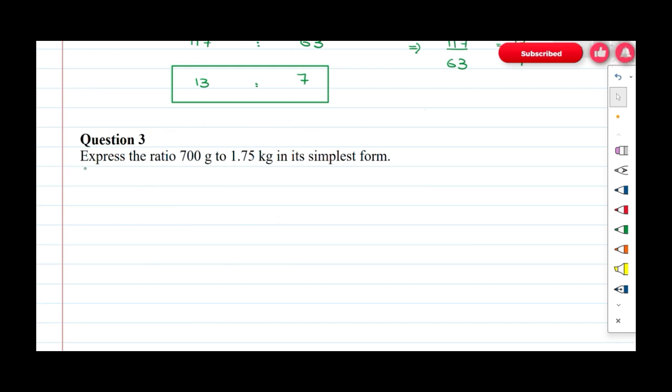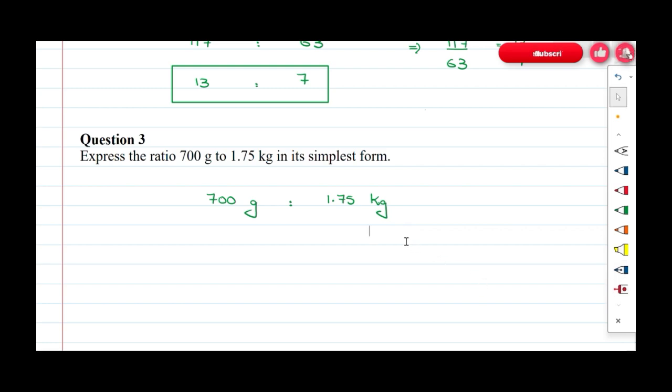Question number 3 is, express the ratio 700 grams to 1.75 kilograms in its simplest form. Now you can see we have 700 grams ratio 1.75 kilograms. Now we have two different units, kilograms and grams. We have to use conversions over here to make them the same, right?